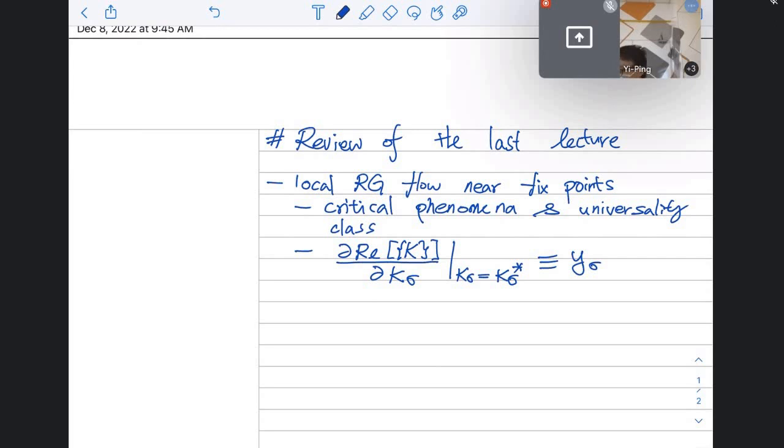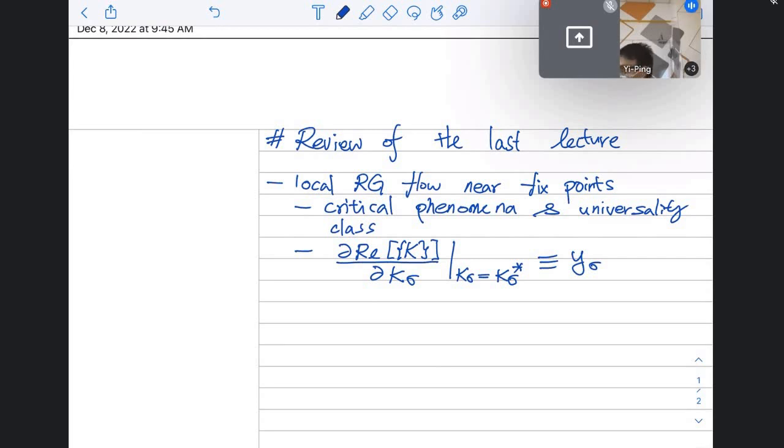In our simple problem of the Ising model, this sigma usually represents the most important coupling constant K, which is related to how these spins interact with each other. Another important relevant coupling is the external field.